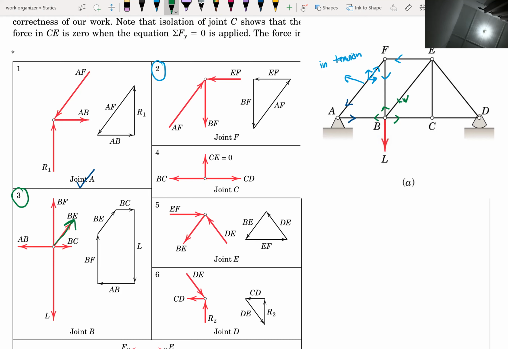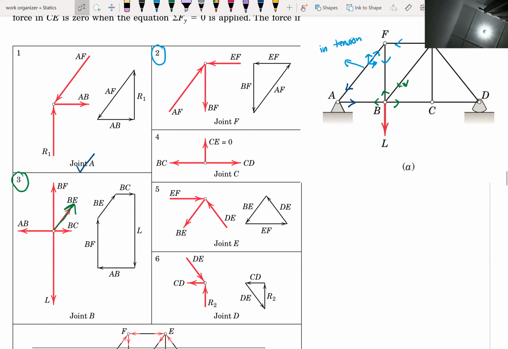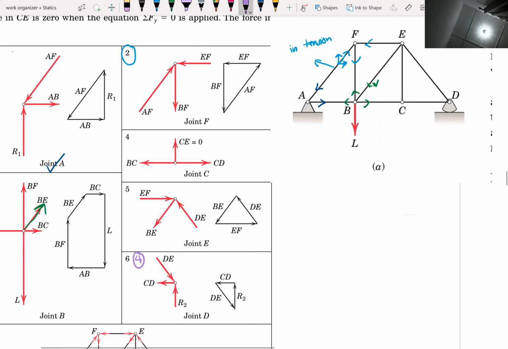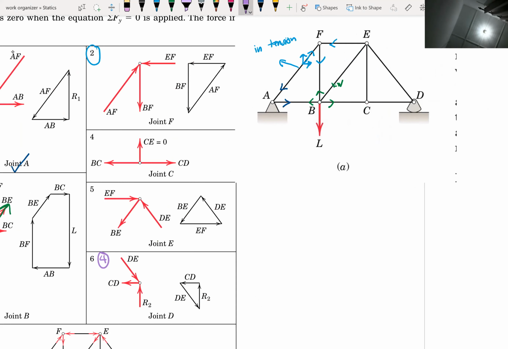Next, I prefer to go to joint D. Joint D is number 4. Because there are two unknowns, and don't forget, we have load R2 here.